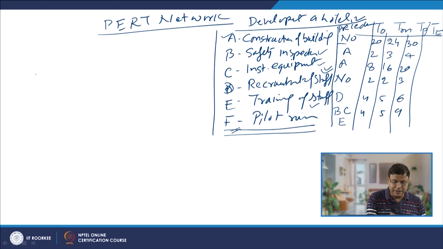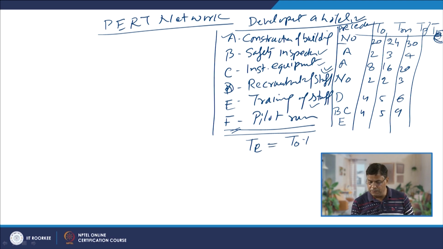So, now we have seen that for determining the expected time to complete any activity, TE is calculated using the equation TO plus 4 TM plus TP divided by 6. By putting these values in this equation one by one, we can determine the expected time for each activity.